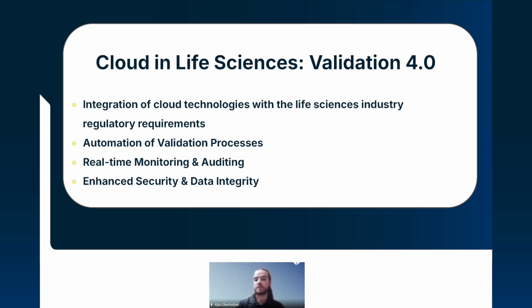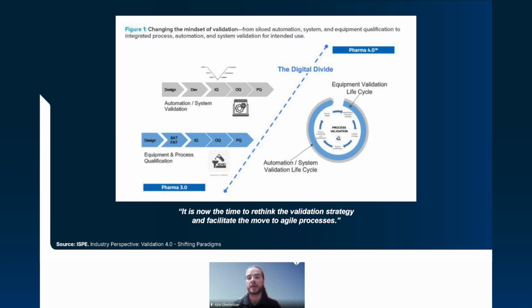Validation 4.0 is a model that got put out recently by the ISPE, and it's supported by the PDA. But again, it echoes the agile approach that we saw with software development. Just in the same way that we saw new cloud technologies and composable systems being adopted by the market and by the region because of a newer way of thinking about how we can develop safely while still managing risk, we see the same method being applied to validation.